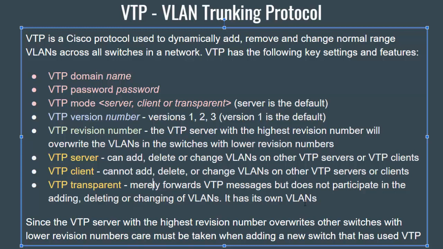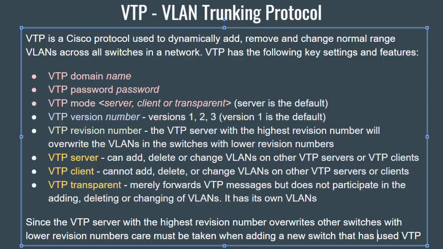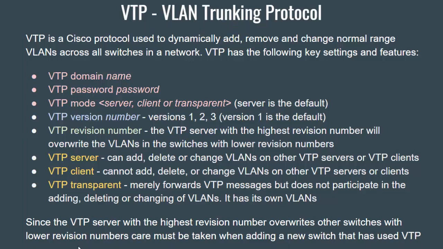It has its own separate VLANs. But in VTP transparent mode, it will forward VTP messages to other switches that may be servers or clients. Since the VTP server with the highest revision number overwrites other switches with lower revision numbers, care must be taken when adding a new switch that has used VTP. Okay, fair enough.